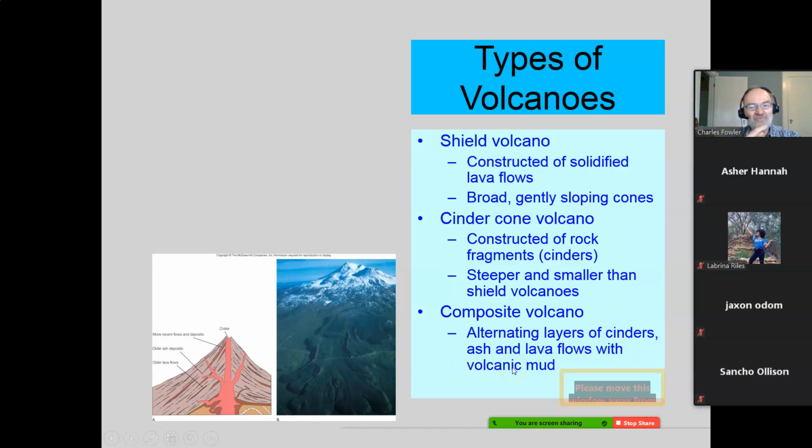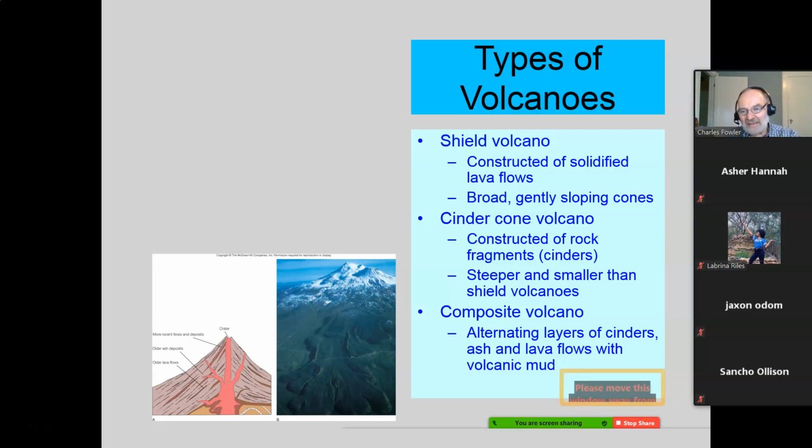Now, they don't really describe what volcanic mud is, but my guess is it's sort of the powdery, soil-like material that maybe was on the mountain has been picked up by the lava and carried along.